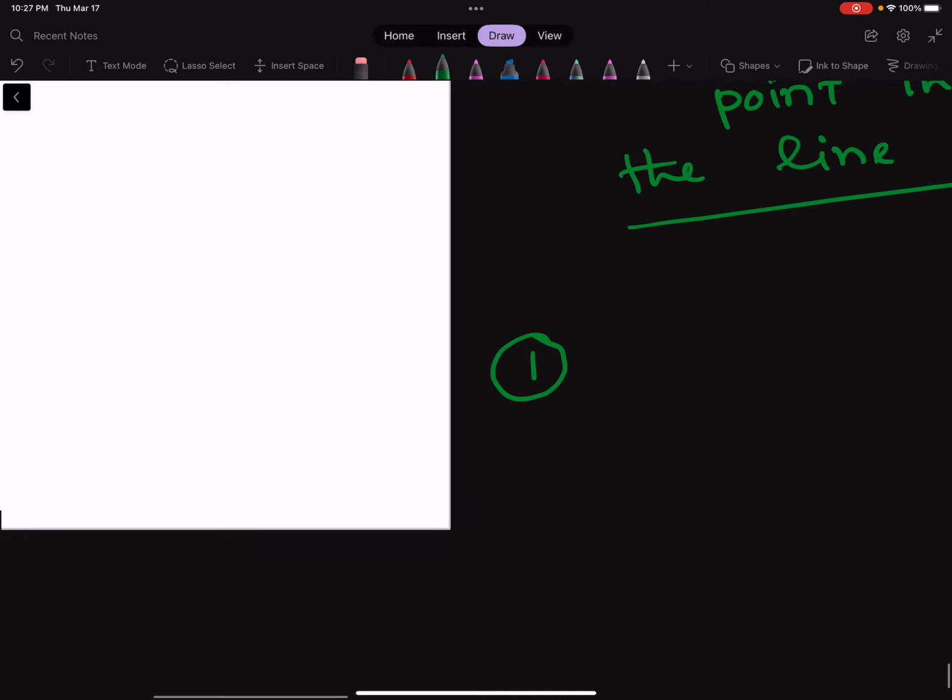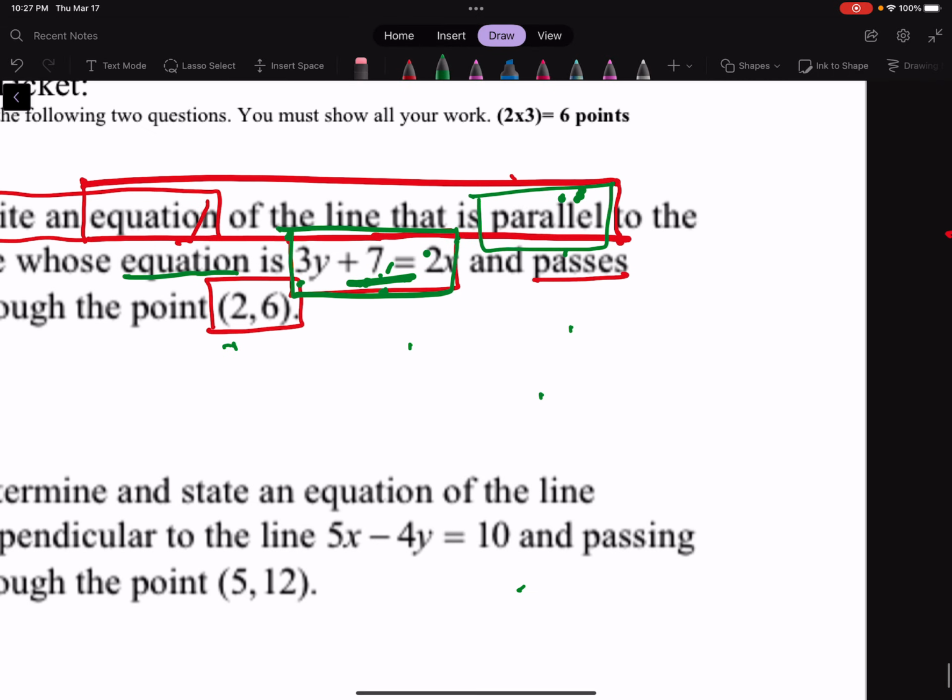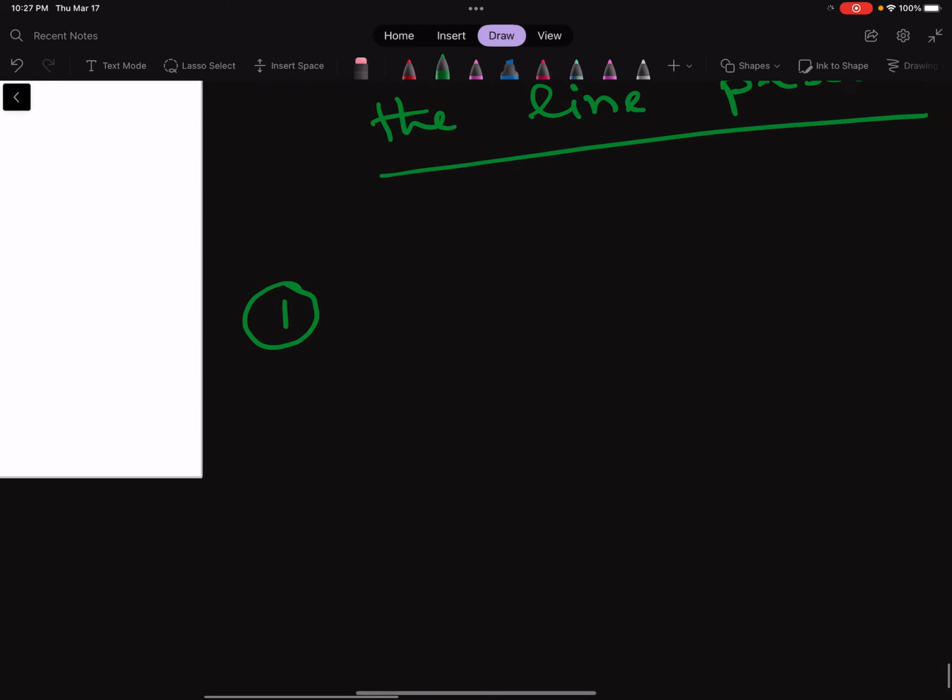We are given the equation 3y plus 7 equals 2x. So 3y plus 7 equals 2x. Now, can we get our m from here?